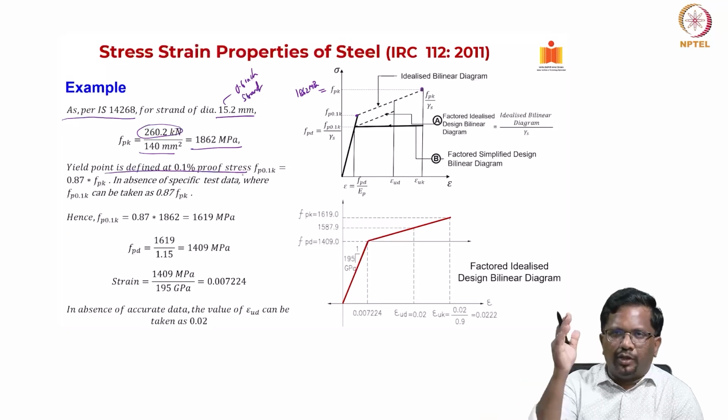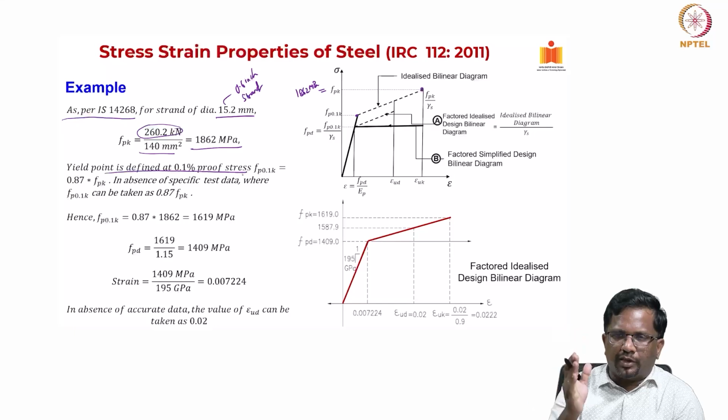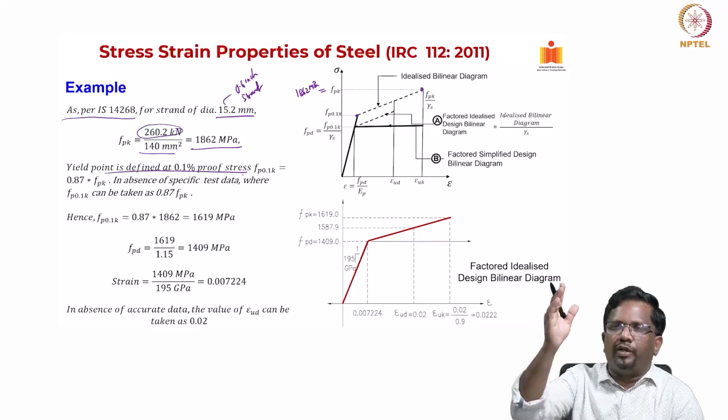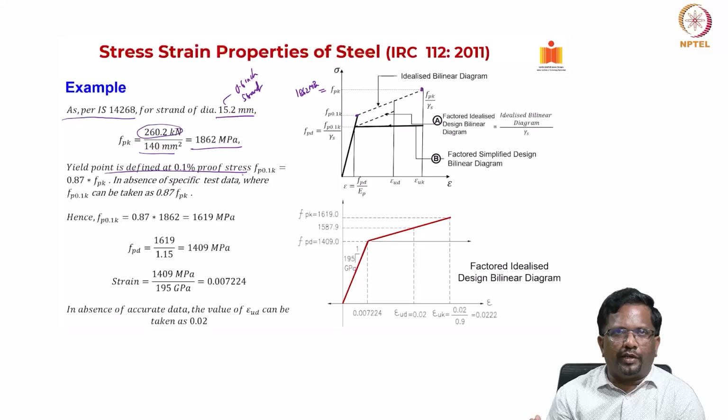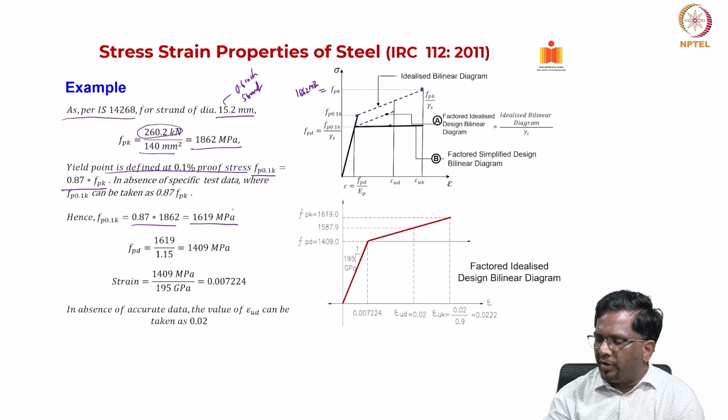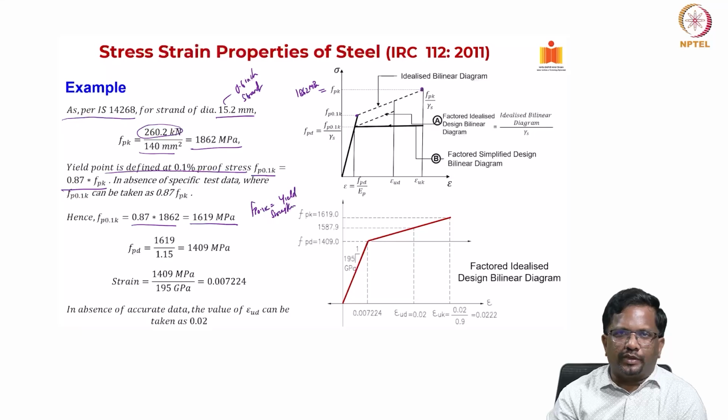You draw a line parallel to the elastic curve at a strain of 0.001, and wherever it touches the actual stress strain curve, you take that as your yield point. Or if you don't have the exact data, we can take FP.1K as 0.87 FPK. So 0.87 into 1860 is going to be your FP.1K, which is your yield strength.